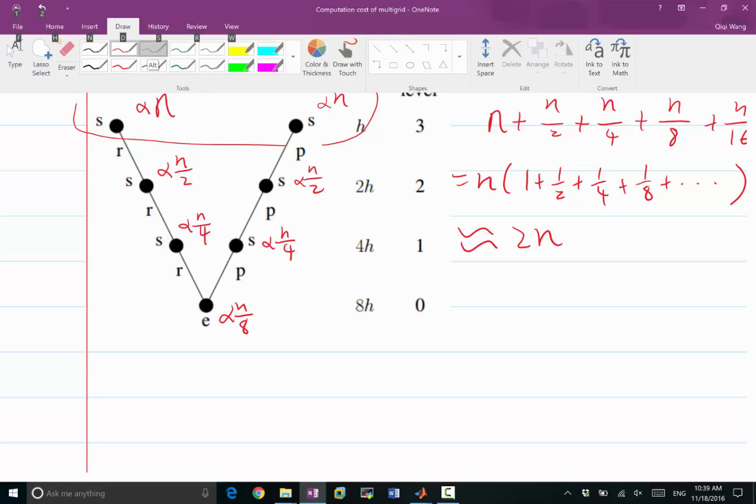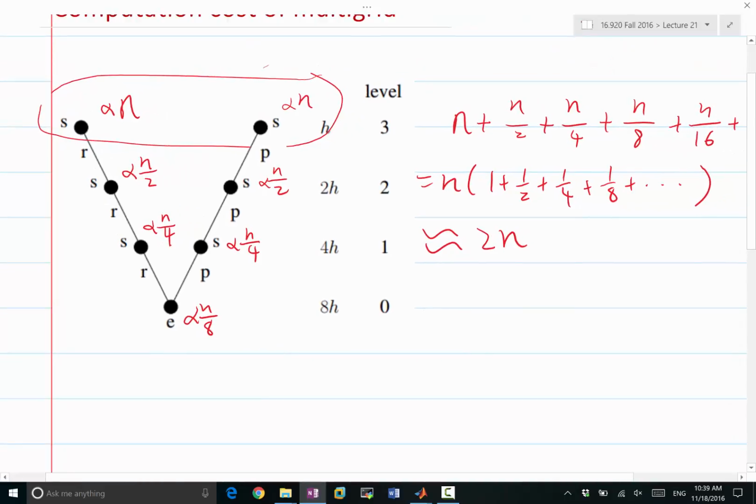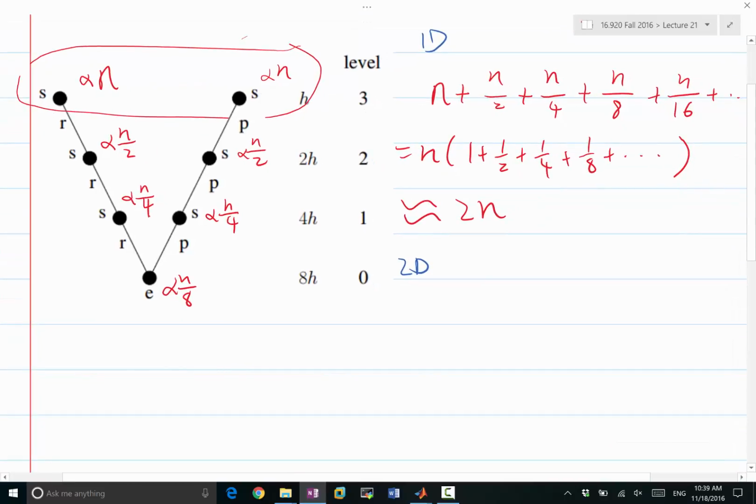If you look at it on the 2-dimensional problem, so this is 1D. On the 2-dimensional problem, just like what we just solved, imagine n is the total number of grid points on the finest grid. The series is different. So this is still n. When you go to a coarser grid, the grid is 4 times smaller, right?